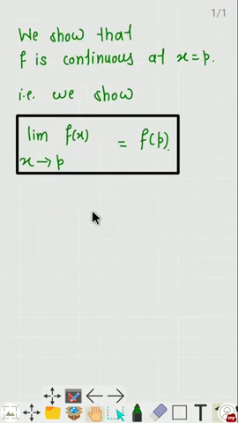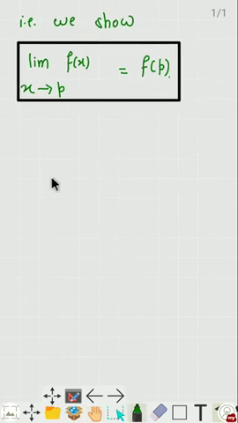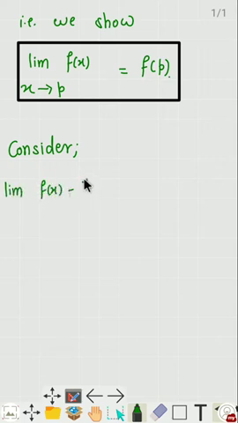So let us consider now the limit of f of x minus f of p as x tends to p. Consider this limit. On the next line we make some adjustment.